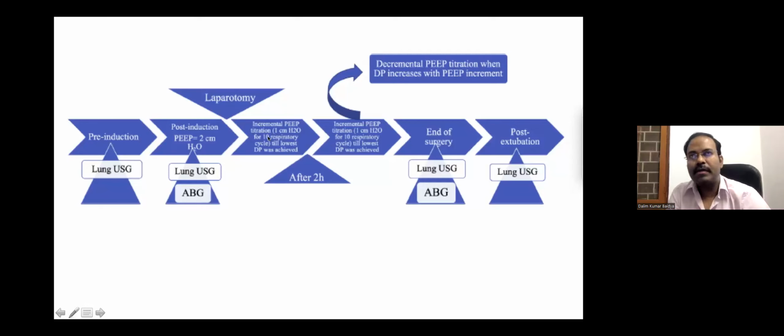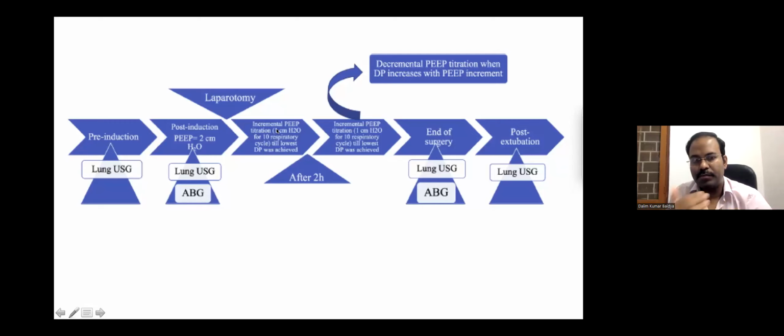If further incremental PEEP causes the driving pressure to start rising, then we'll again reduce the PEEP from that level. For example, from 2, if we increase 1 by 1, like 3, 4, 5, 6, and once we increase the PEEP by 1, we'll allow 10 respiratory cycles and then measure the driving pressure by applying inspiratory pause. And then again increase the PEEP by 1, like this.